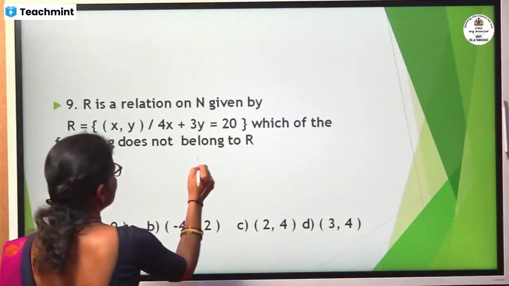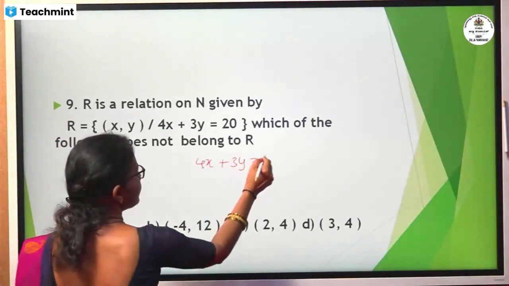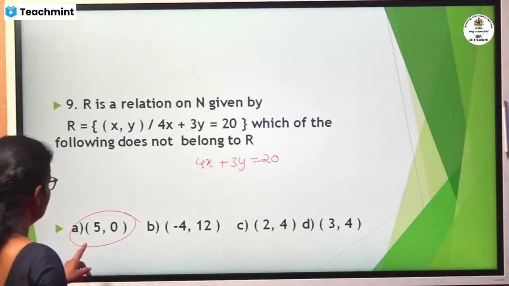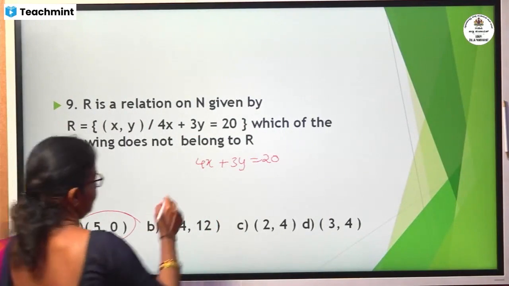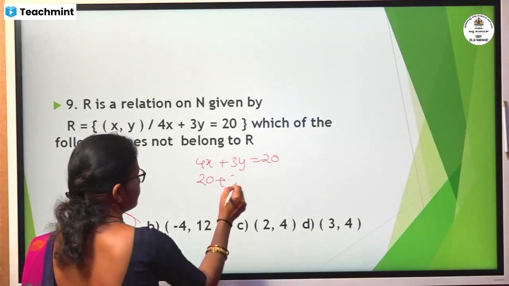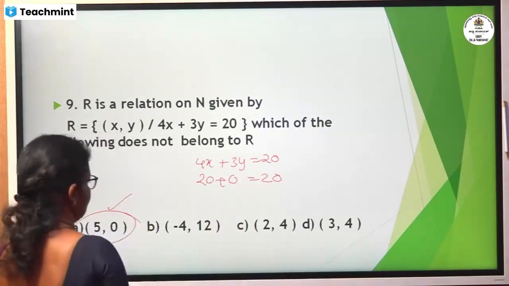Consider 5, 0. Replace x by 5, y by 0. So if you replace x by 5, this will be 20, y is 0, we'll get 20 equal to 20. This belongs to R, means it holds good.